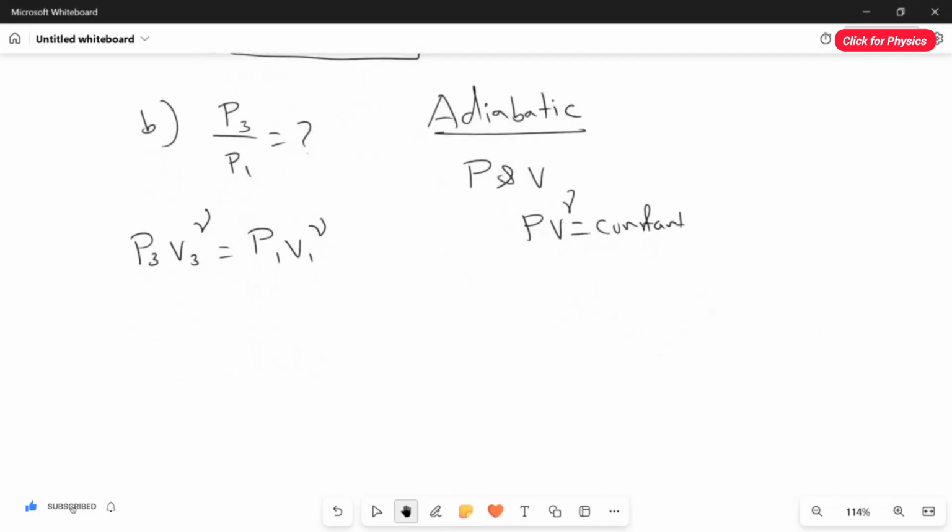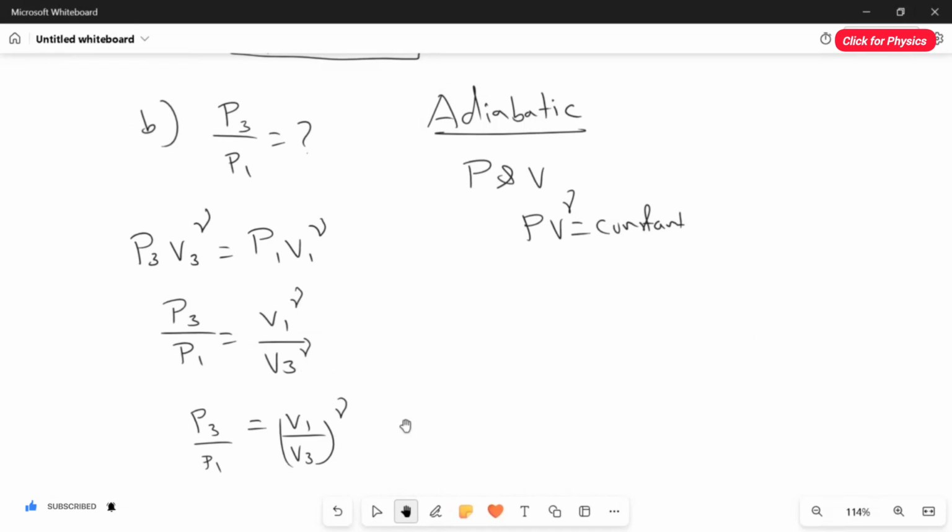So if you write like that, we get P3 over P1 equal to V1 over V3, with gamma on both. So we can write this term as V1 over V3, the whole power gamma, and on the left hand side we have P3 over P1.